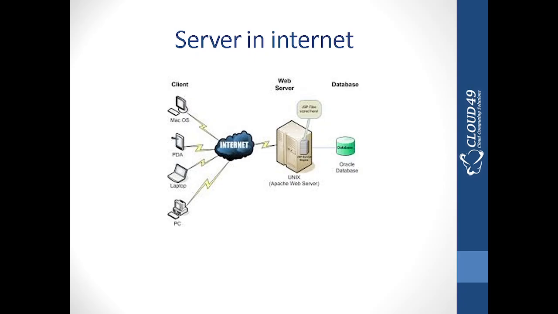Any computer machine that can connect to this server with the help of the internet: PDAs, personal devices, laptops, personal computers. They connect to the internet, and the internet gives access to the web server, and the web server has a database from where it provides information to the client.